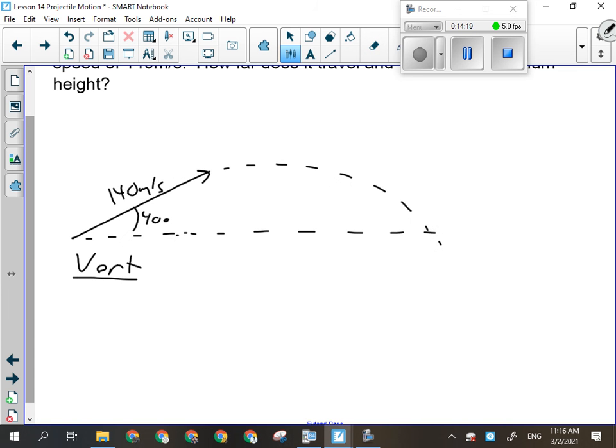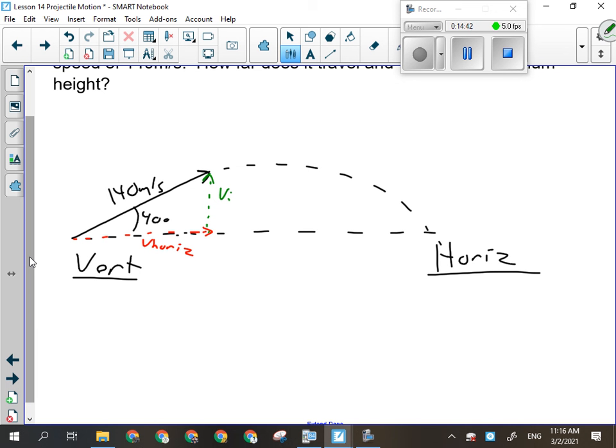So, vertical information, horizontal information. We have to remember that this is the constant horizontal velocity and that this side is our initial vertical velocity. That is just something you have to remember. There's not a lot of things in physics you have to memorize, and that's one of them.